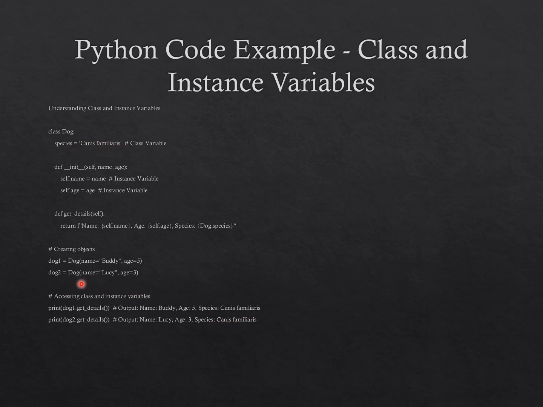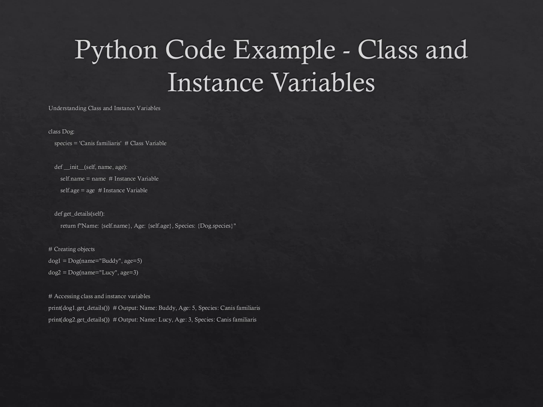Although these are two objects, both the objects are sharing the same class variable, so that's why the value is the same. That's how the concept is. Class variables are shared across all the objects created from that class, and instance variables are specific to that instance or specific to that object created from that class.